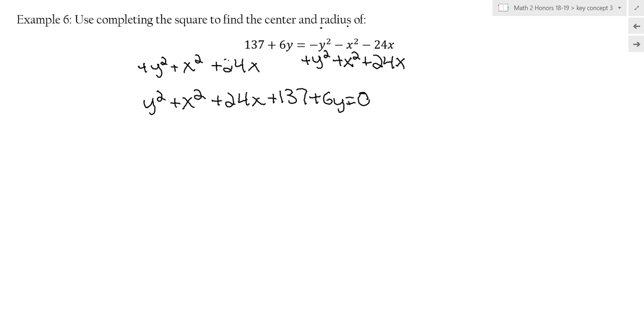Now I can start my problem just like we've done it before. I'm going to get rid of my constant. It's kind of in the middle because we've rearranged everything, but it's still the thing without any variables. So I have y squared plus x squared plus 24x plus 6y.